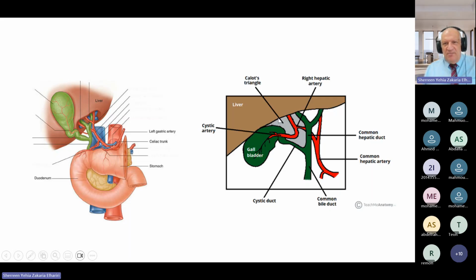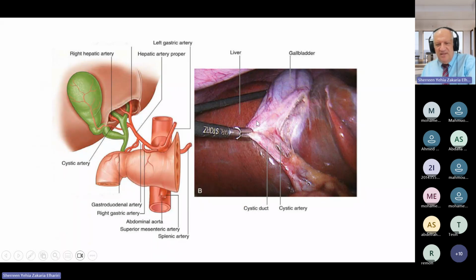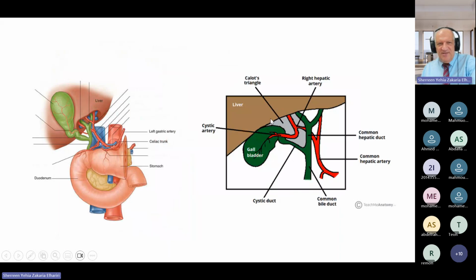They have the lower border of the liver and contain the cystic artery, again a branch of the right hepatic artery. Of course, it's not bigger like this. You can see in the laparoscope it's little like this, but it is just an anatomy demonstration of Calot's triangle. It's very important to know the boundaries, simply because this is a common operation in surgery. Of course, in England, the common operations are gallbladder, colonic surgery, Weber operation. So it is an important topic in the exam.